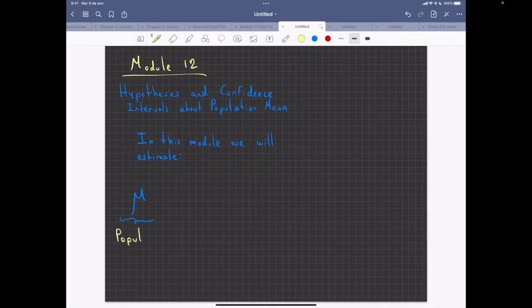Population mean. Of course, we are going to use some formulas and other concepts, but essentially, we're going to be estimating the population mean mu by using the sample mean x bar.